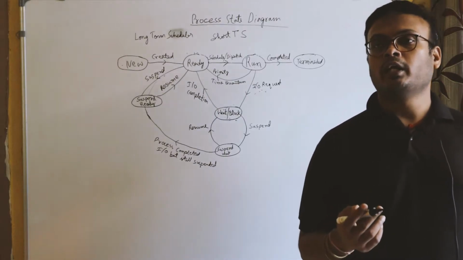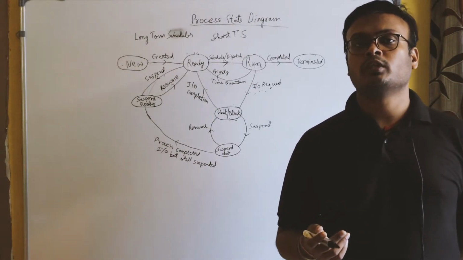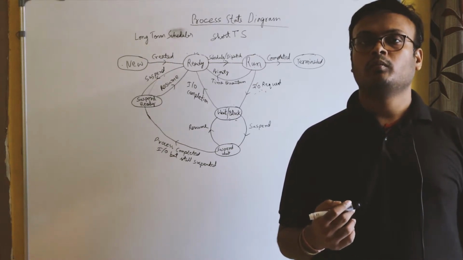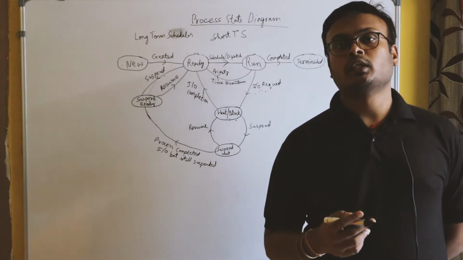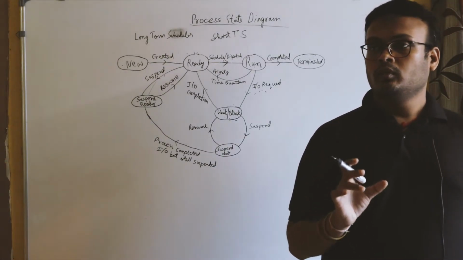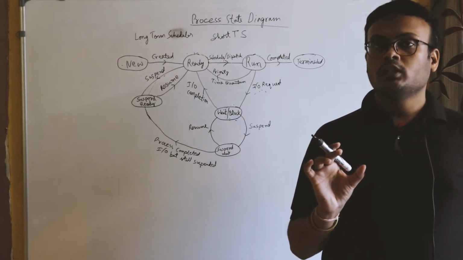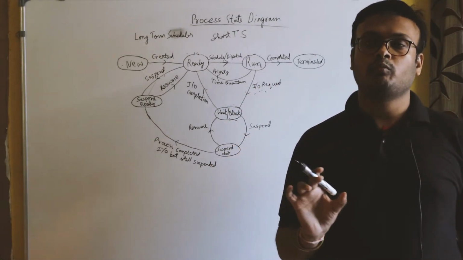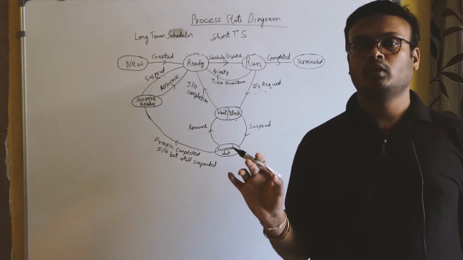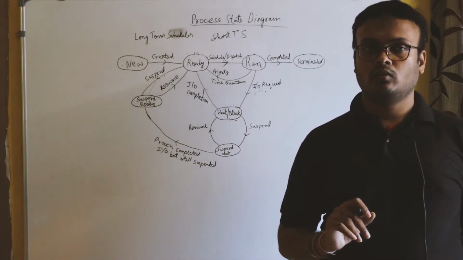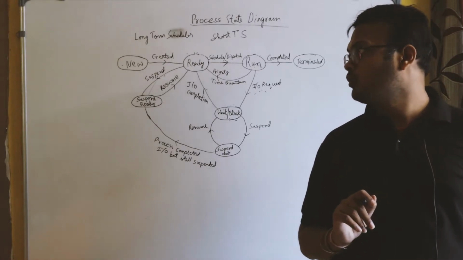Maybe the priority of that process goes up, so it should be executed earlier, but that process is in the hard disk. So basically that process will be moved to the main memory, to the RAM, to the ready state, in order to get executed.